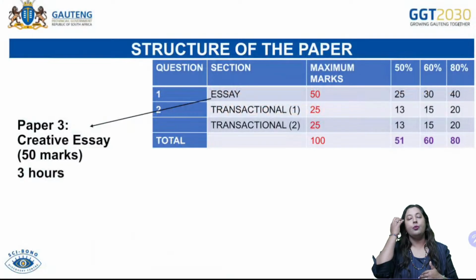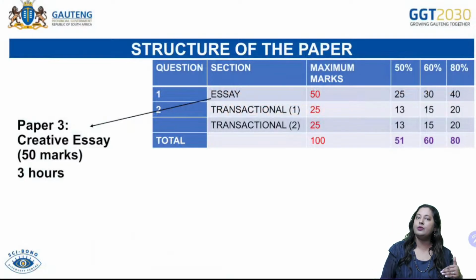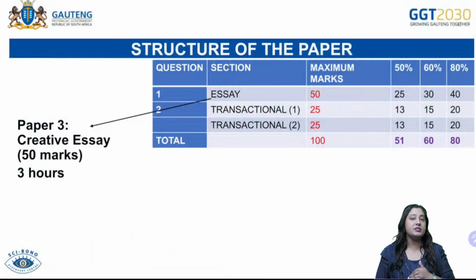Section A deals with the essays of 50 marks for one of the essay topics that you choose, and then we've got transactional 1 and 2 in section B, and that would then be 25 marks each. So in other words, you are making sure that you're going to complete 3 pieces of work for this paper, all of them totaling 100 marks.